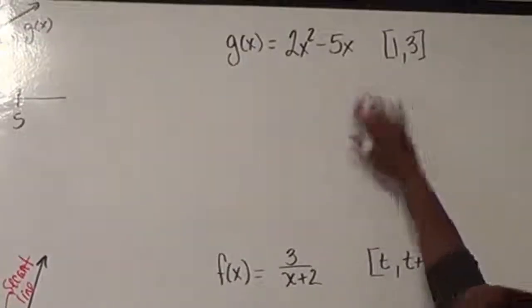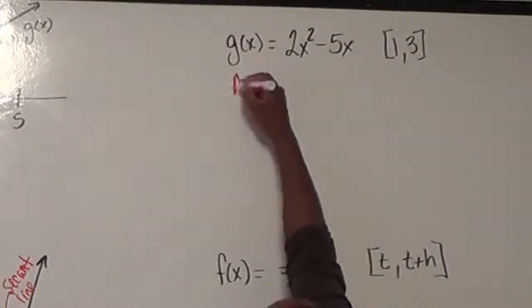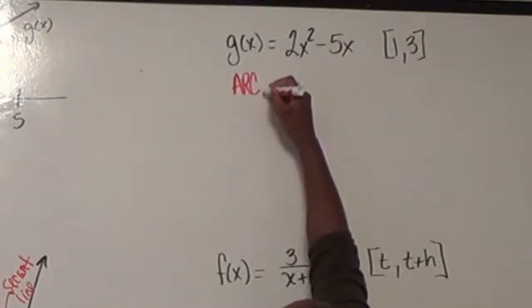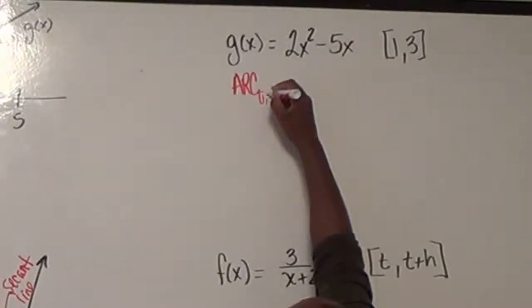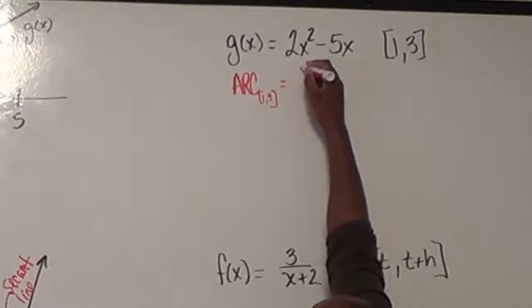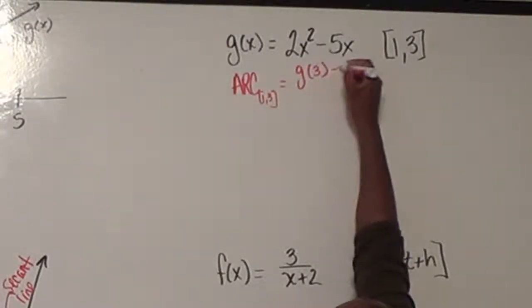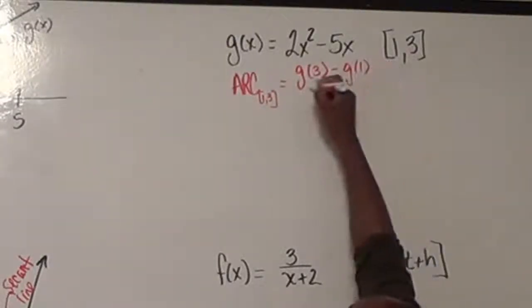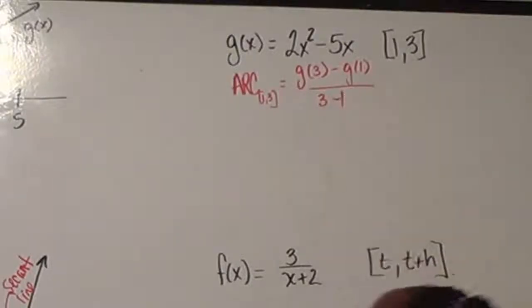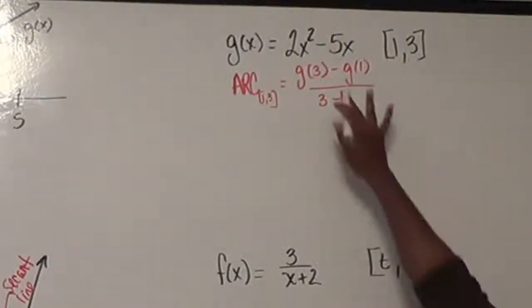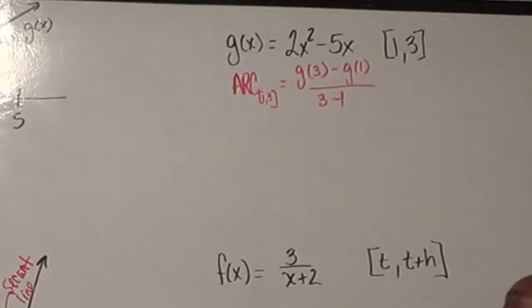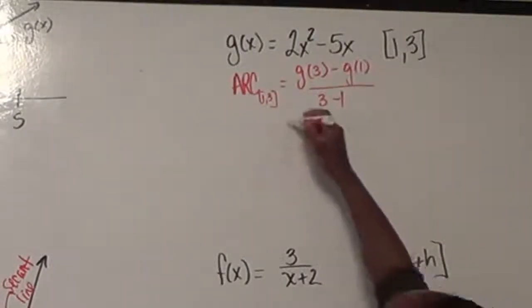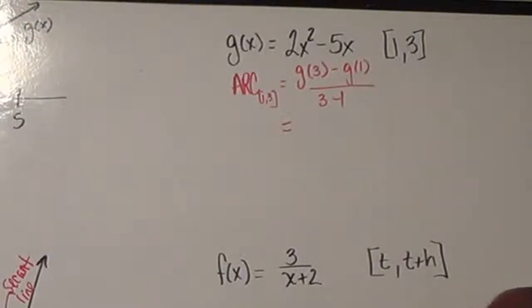So in this case, my average rate of change for my interval from 1 to 3 is going to look like g of 3 minus g of 1 all over 3 minus 1. G of 3 and g of 1 we can find. So g of 3 just means I'm going to plug 3 into that function on the top.